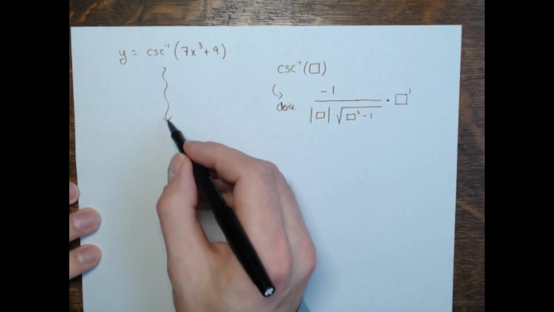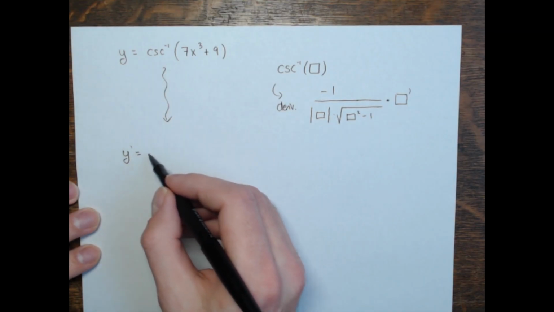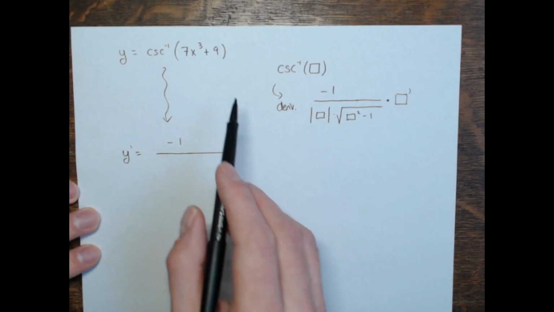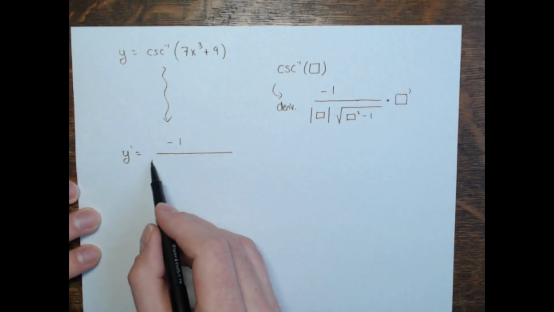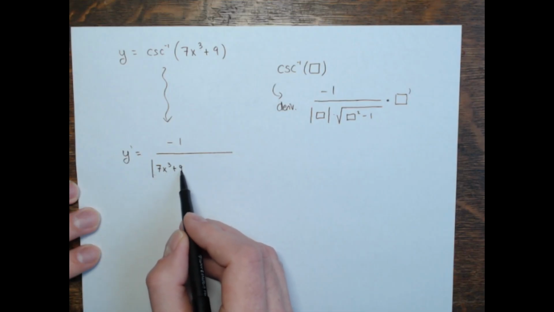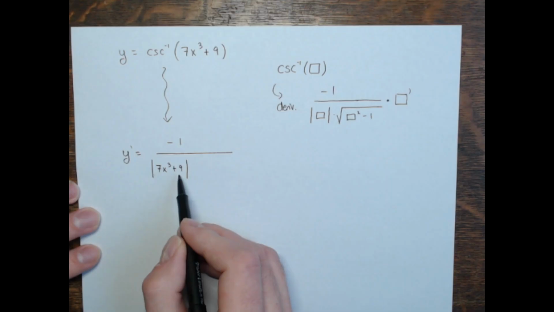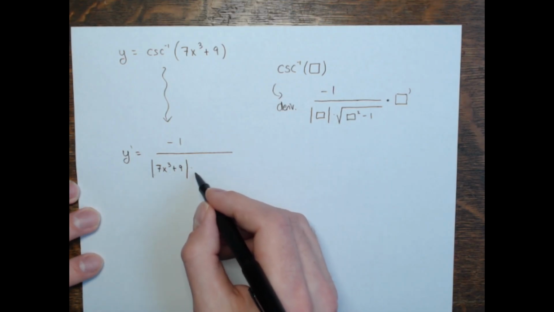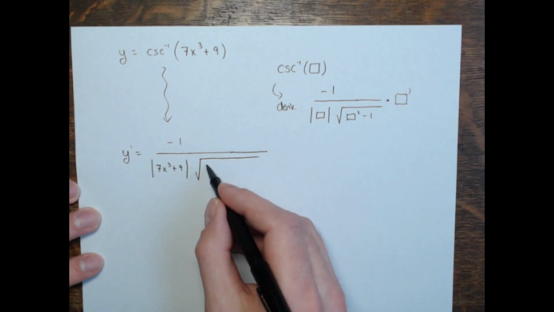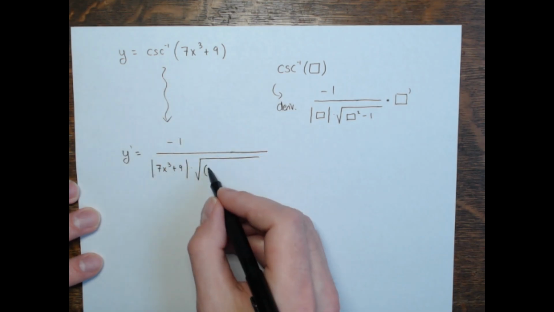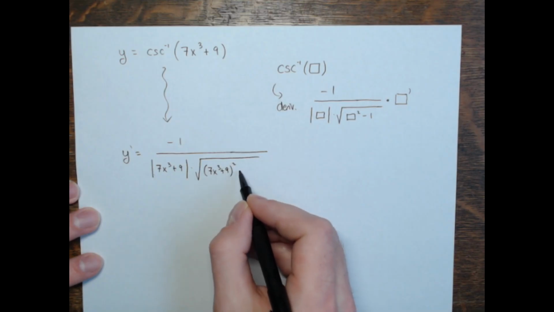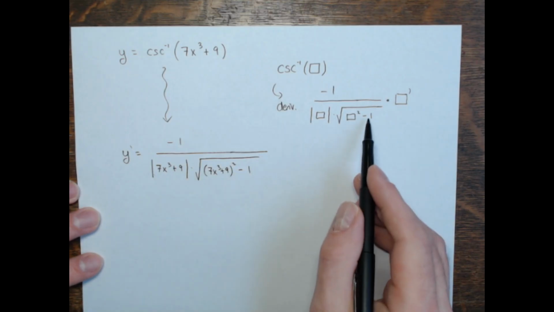Okay, so applying that, you got y prime equals negative 1 over the absolute value of the expression inside, 7x cubed plus 9, inside the absolute value here, times the square root of the expression inside, 7x cubed plus 9 squared, and then minus 1 after.